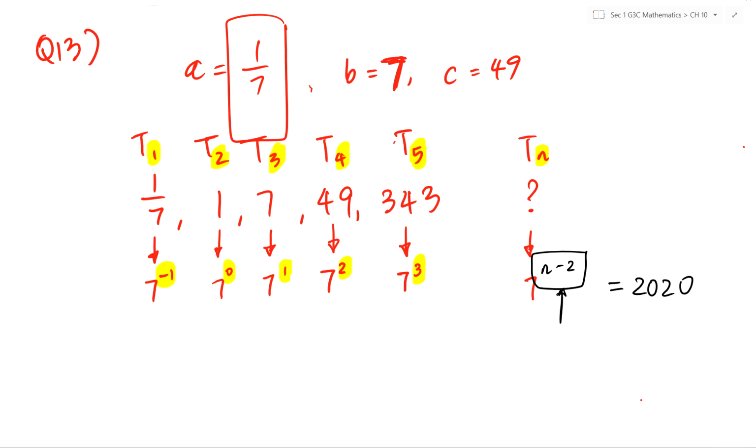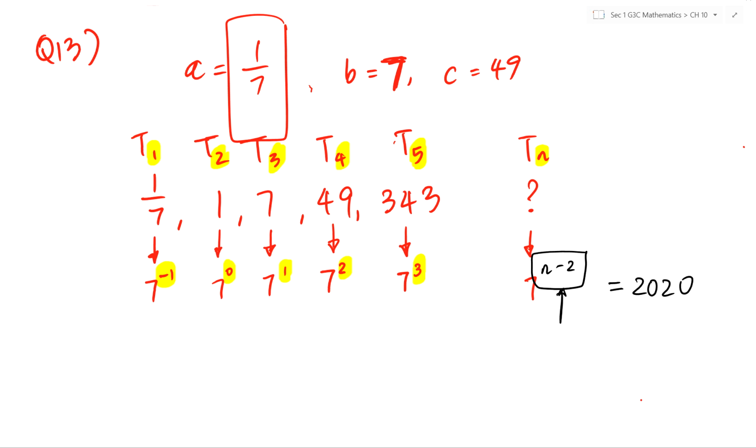Do you think it's possible? Based on the answer key, we know it's not possible already because we will never be able to find a whole number, an integer for n, then you minus 2, and you let 7 to the power of that to get 2020. Unfortunately, we have not learned how to solve this type of equation yet.